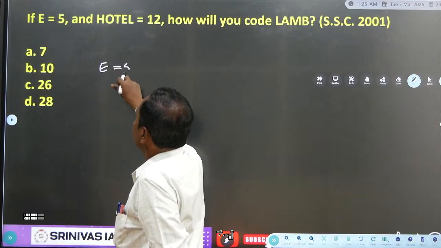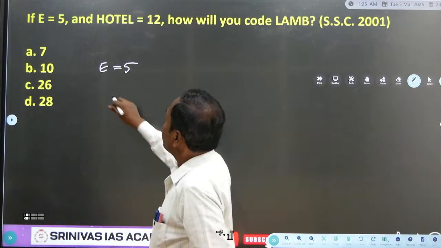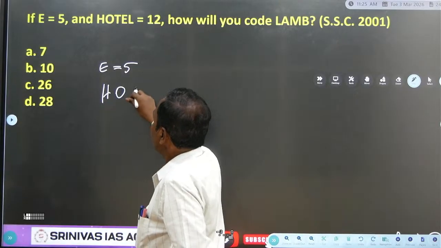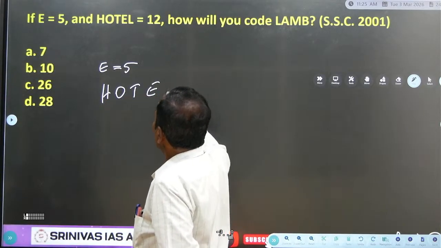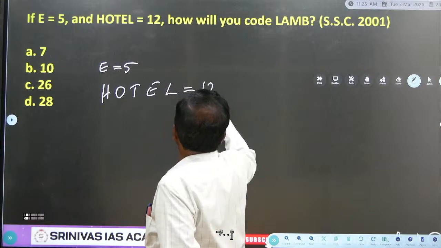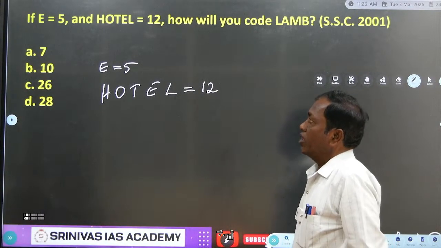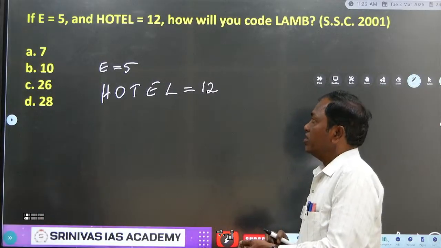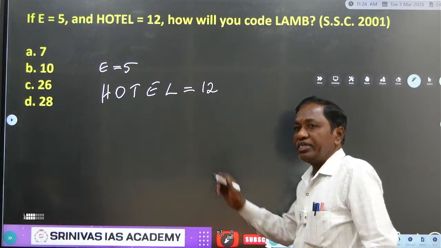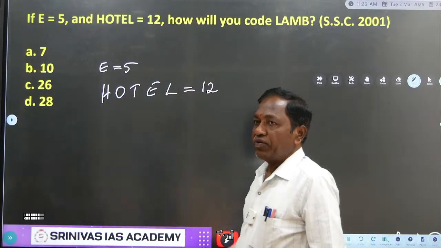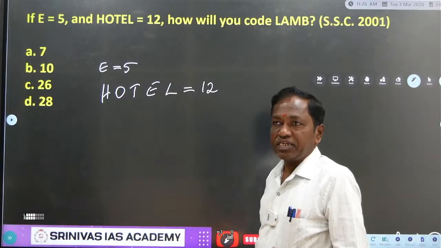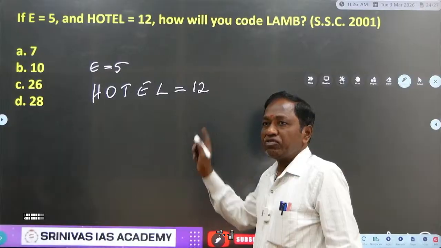E equals 5. Definitely the position of the letter is taken here. Hotel equals 12.